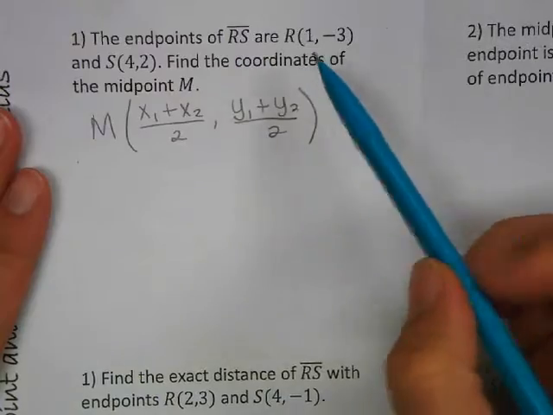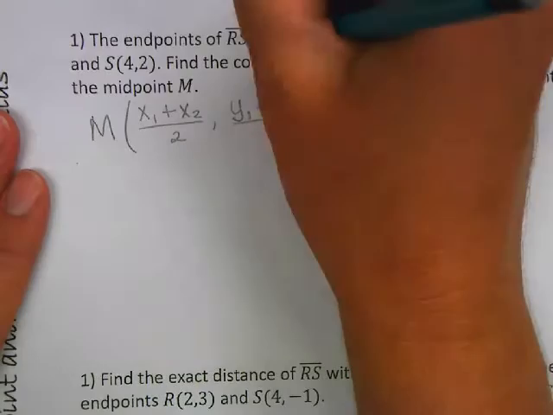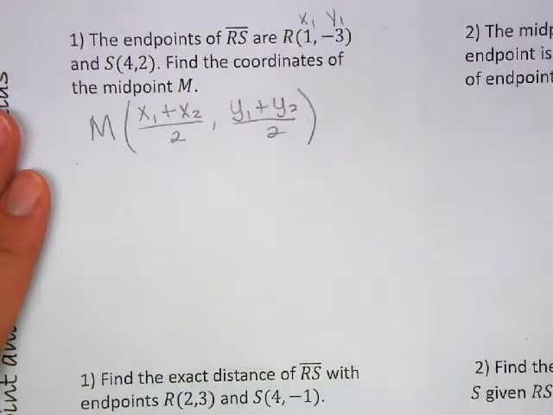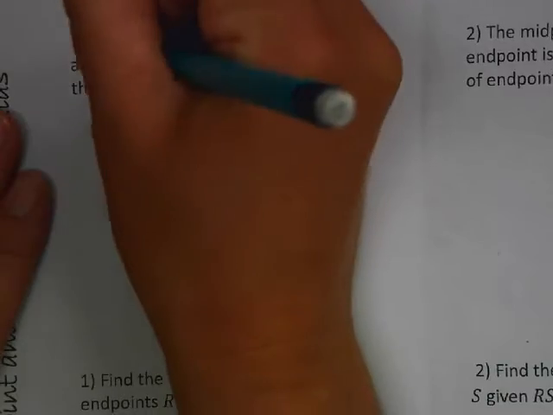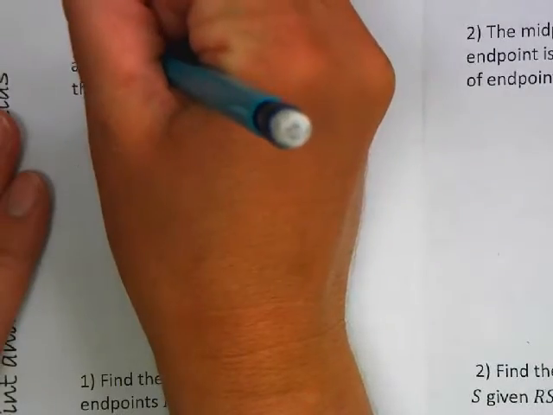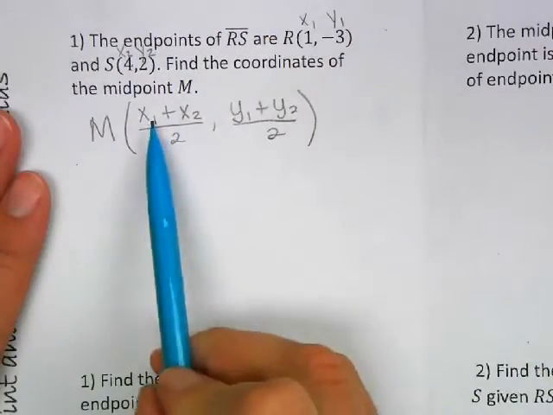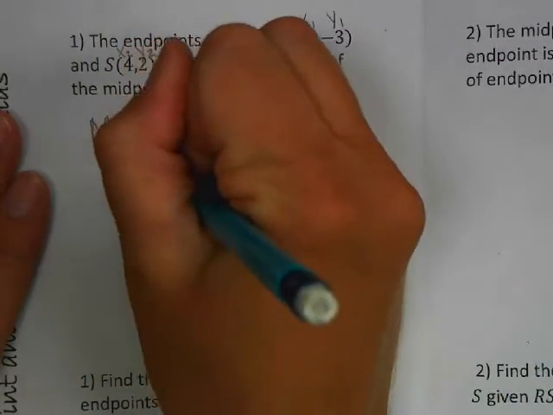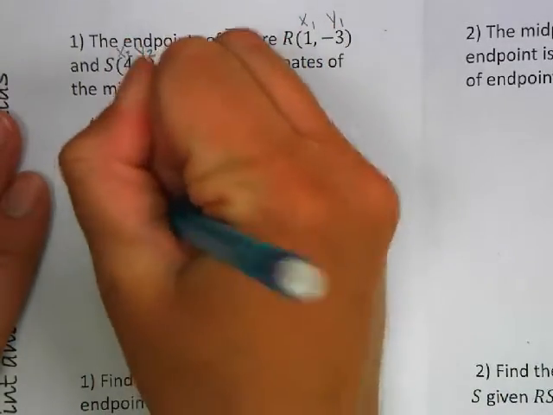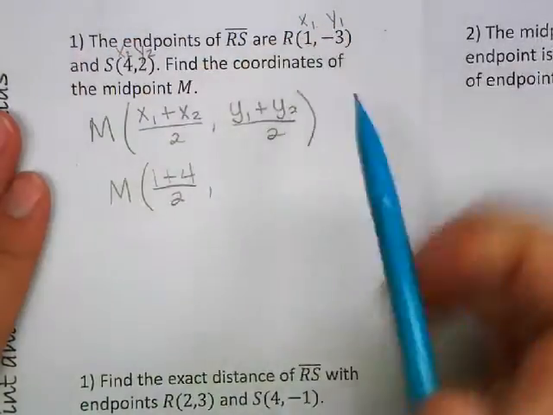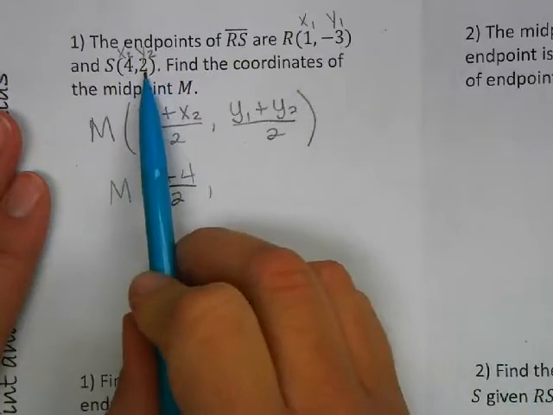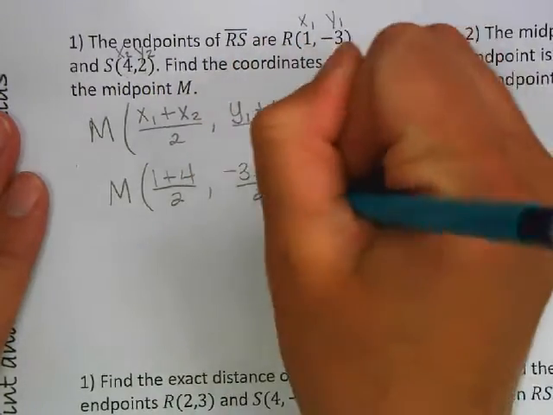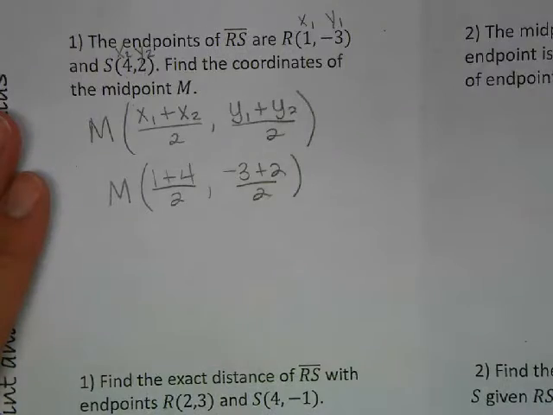So substituting those values in, you can label the coordinates of R, x1, y1, and the coordinates of S, x2, y2. So you'll have 1 plus 4 divided by 2, comma, -3 plus 2 divided by 2. And then you can just simplify this.